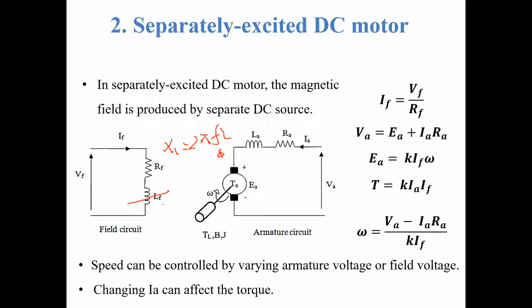That means it's a short circuit. So we have to consider only RF. Therefore, the current IF equals VF divided by RF.